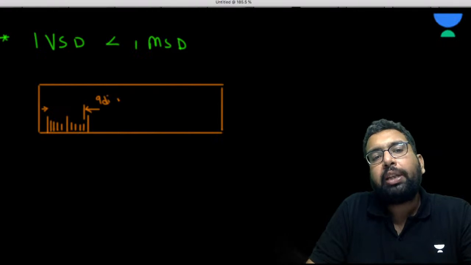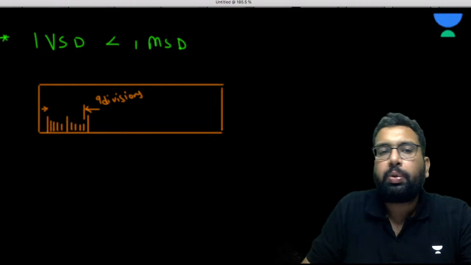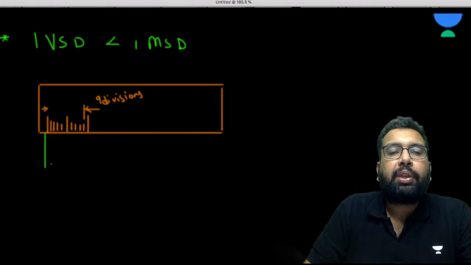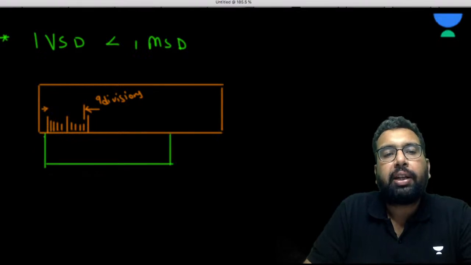Now please observe, this is one very key point. Many students get confused here. Let's suppose this is the vernier scale.